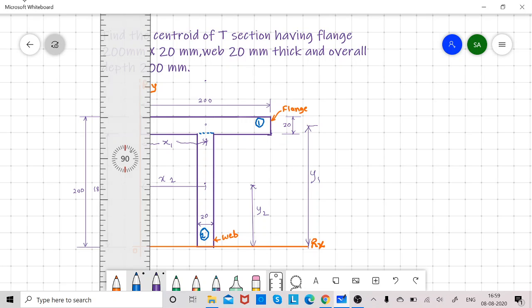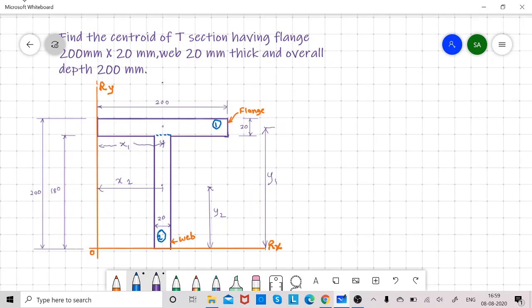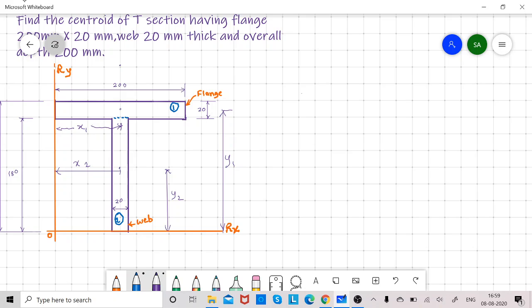Now prepare a table: serial number, figure number, its x distance, that is the horizontal distance of its centroid from reference y, and y distance, that is the vertical distance between the centroid of that part and the horizontal reference axis, rx.